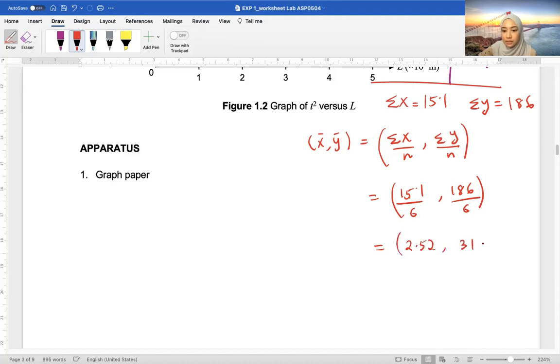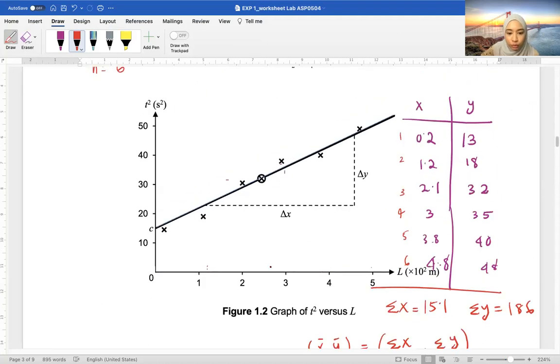Okay, let's see. So the centroid is 2.52, 31. So let's see. 2.52 is around here. Kenapa saya punya graph macam tu? 2.52 and 31. Yay, we got it.